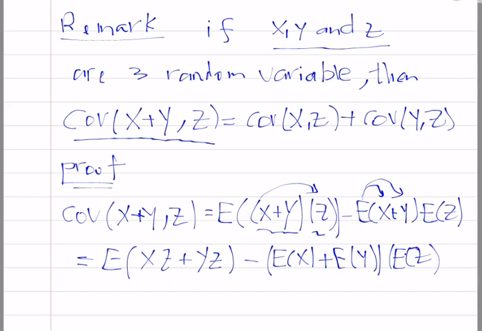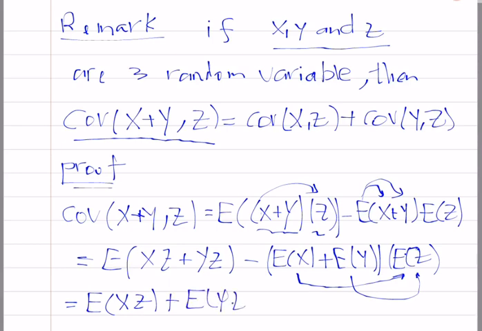Now we need to multiply expectation of x times expectation of z, and expectation of y times expectation of z, so that gives me expectation of xz plus expectation of yz, minus expectation of x times expectation of z, minus expectation of y times expectation of z.